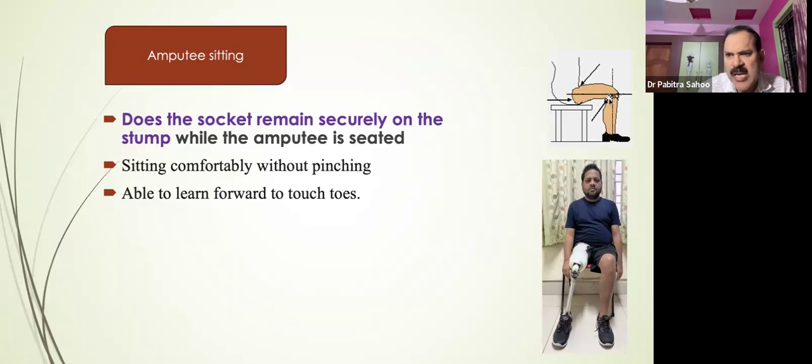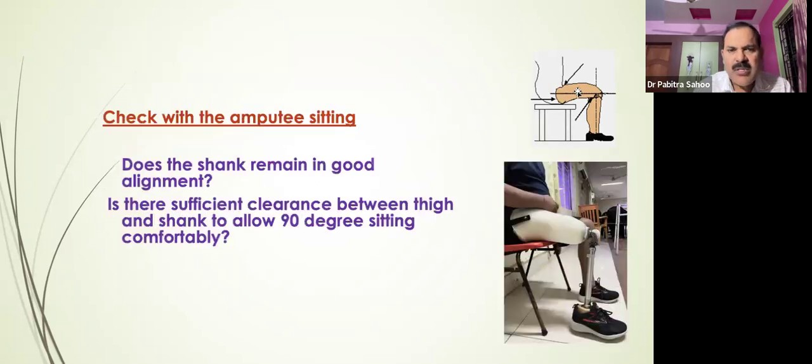This shank should be placed at 90 degrees to the thigh component or the socket component, and it should not impinge on the anterior abdominal wall. What other thing should I look for? Does the shank remain in good alignment, vertical to the floor or not? Is there sufficient clearance between thigh and shank to allow a 90 degree sitting position?